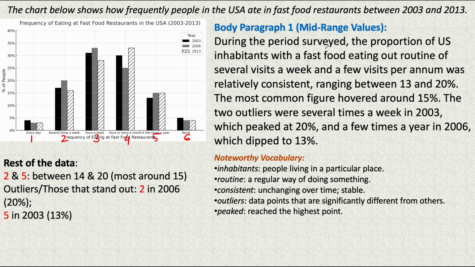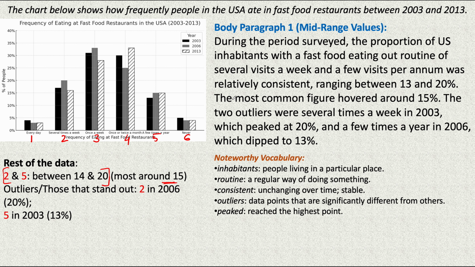During the period surveyed, the proportion of US inhabitants with a fast food eating out routine of several visits a week and a few visits per annum was relatively consistent, ranging between 13 and 20%. So this is what we had analyzed when we were planning. And we had seen that the most common percentage was around 15.